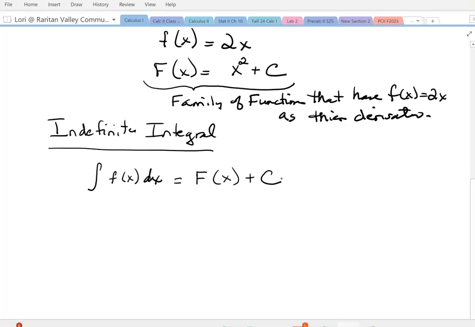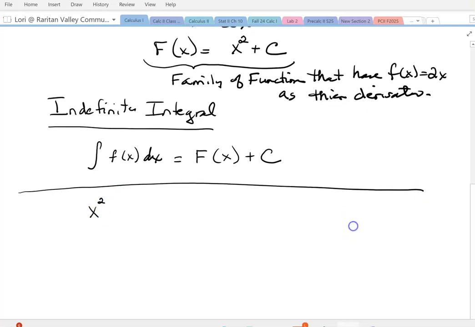So now what we need to do is focus on how to find the antiderivative. So let's think about that for a minute. Well, let's go to our x squared. And let's think through for a second the power rule for x squared.